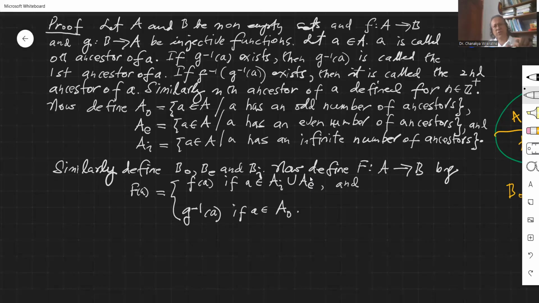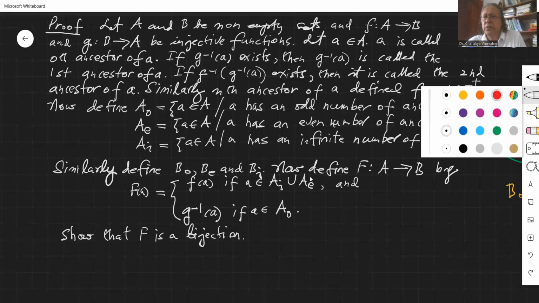Now this is our function f, which is a bijection, right? So show that capital F is a bijection. You have to show that capital F is well defined, it is one-to-one and onto, and then we are done, right?